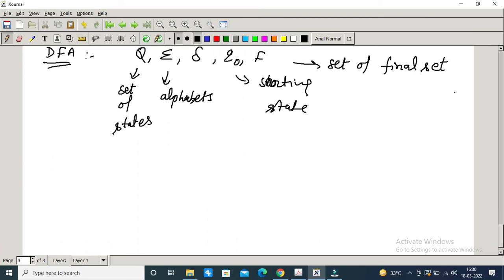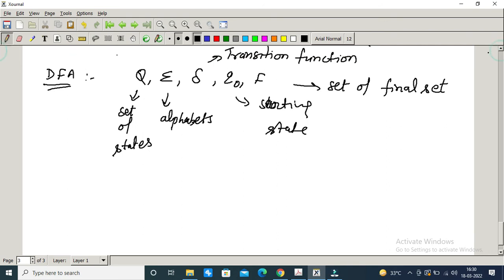So let's come back to what is DFA. Q is the set of states. In DFA we have many states. States can be A, B, or Q1, Q2. These are the states. Sigma is the alphabet.